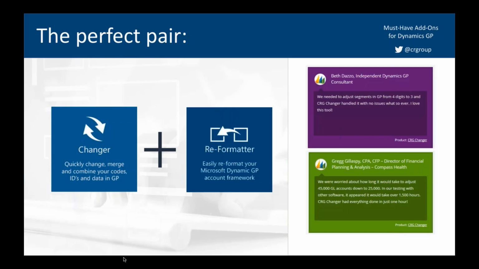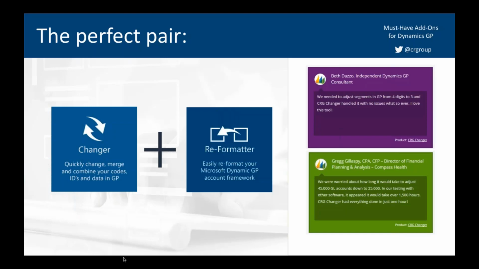So let's say there's a business change and you want to add another segment into your chart and it's going to take you from 16 digits to 18 digits. If it's been locked at 16, you would need Reformatter. And essentially you'd go in and run Reformatter, it'll add the extra 2 digits, and then you'd run Changer. Now you'd have 18 digits available, you'd spit out your existing account set, and on the next column beside it, you'd set up what you want your new accounts to be, and they'd be the 18-digit accounts.